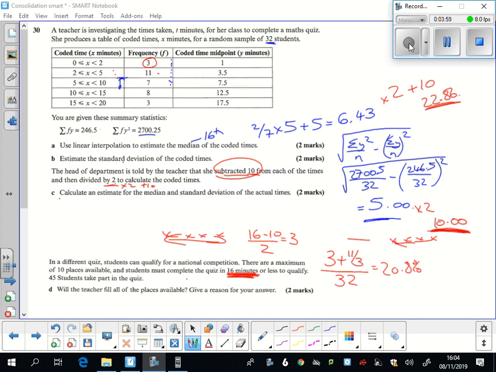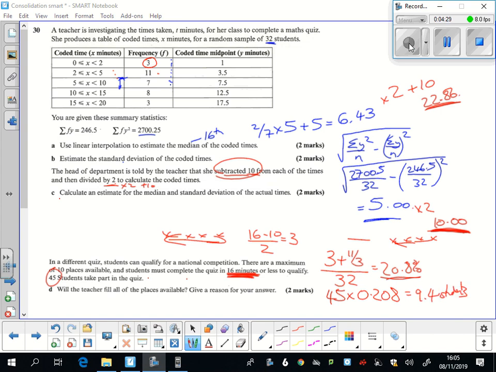Now, assuming that the other test is of a standard sort of difficulty, a similar difficulty, big assumption there, then we could expect that 20.8% of these 45 people would be able to do it in less than 16 minutes. So 45 times by 0.208, and that gives 9.4 students.